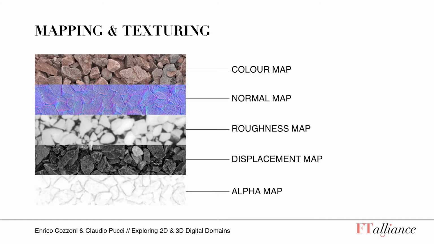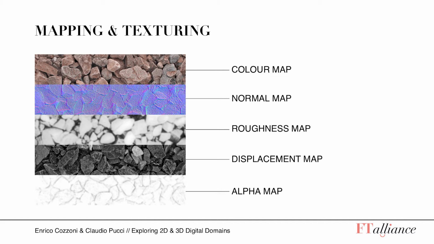So, coming back to the digital acquisition of the image that we have seen. After the digital acquisition, we can unpack this digital version of the material into different types of maps. These maps contain different types of digital information about the material.